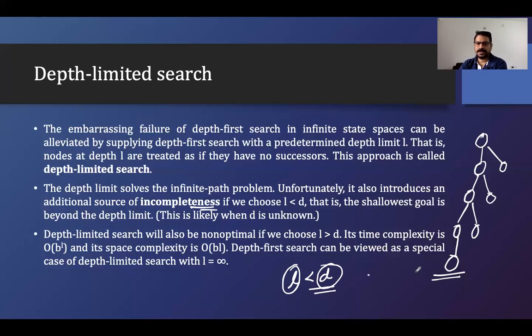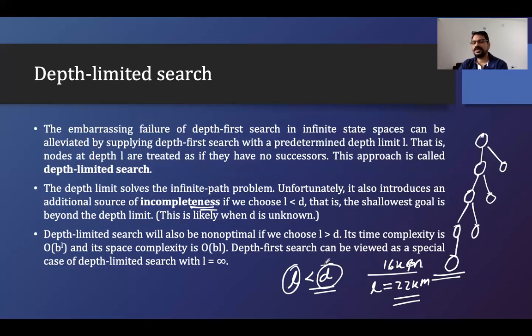Let's say the radius of Bhubaneswar city from the railway station is 16 kilometer, and we have taken the limit L as 22 kilometer. Then it is not giving you the right solution because you will go beyond Bhubaneswar city, so it is not optimal. So you have to choose L based on d.